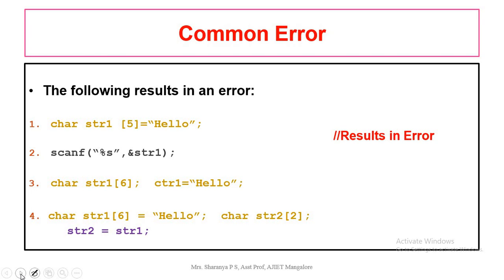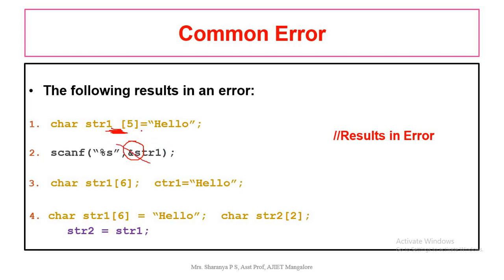Next, some of the major errors we make when writing strings: here we have mentioned str of 5 with a space. The space is not allowed when we are declaring or initializing the string. Next, one more major mistake: when we use scanf to read the string from the user, we do not use the ampersand or address symbol with the string variable.